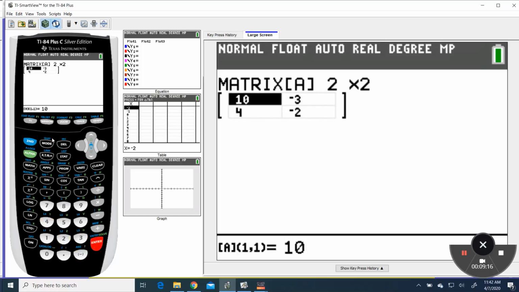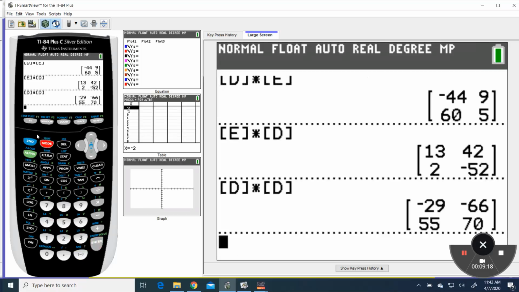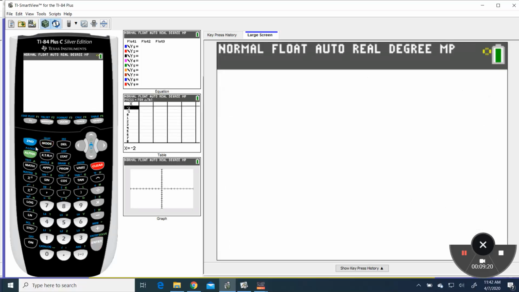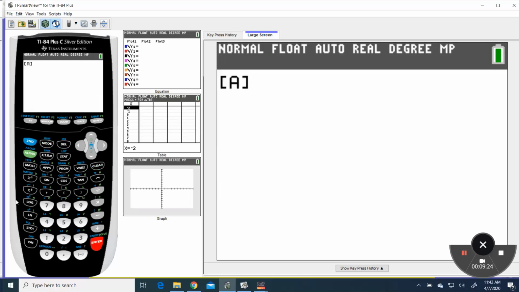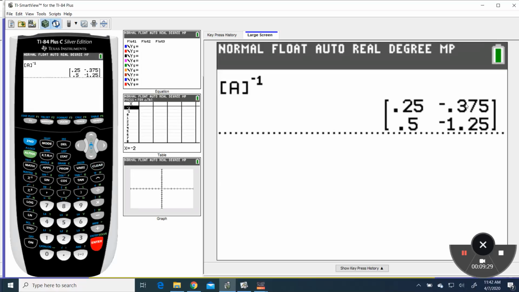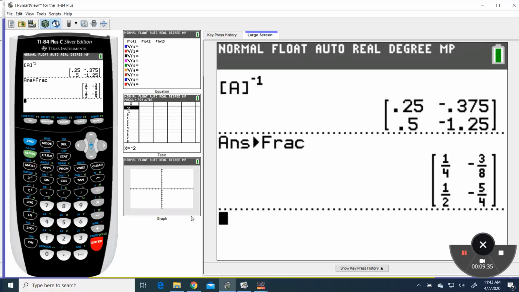So there's my matrix. I get out of my matrix menu. I hit second matrix A. That's the one I just edited. And I hit that little negative 1, the inverse, and I hit enter. And there are the same numbers as what I had. If I hit math, enter, enter, then it changes it to a fraction. And you can see that it's the same thing as what we had.